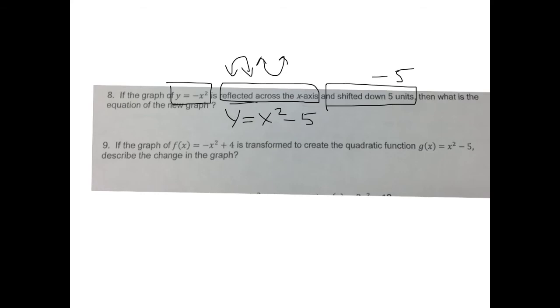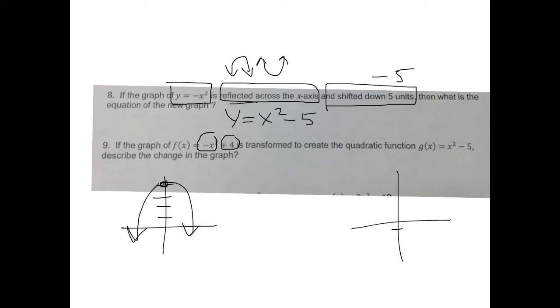In number 9, we're supposed to describe the changes from one that's facing down and shifted up 4, so 1, 2, 3, 4, facing down, to this one that is shifted down 5, 1, 2, 3, 4, 5, and it's facing up.